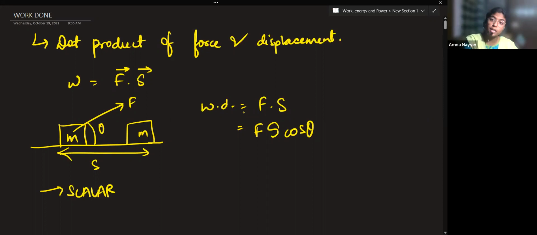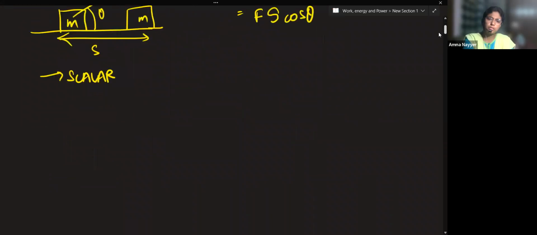Otherwise, in force, you had to check in which direction the forces are moving, whether they are making an angle of 90 degrees, whatever angle is made between them. Similarly for velocity, motion in a straight line, relative velocity, you had all these topics. Since work done is scalar, basic questions are there from work done.